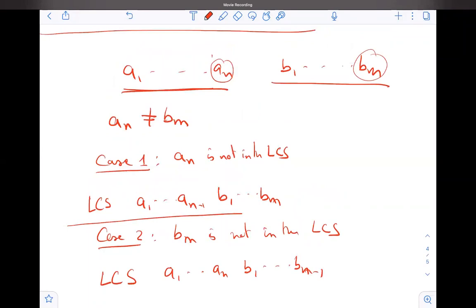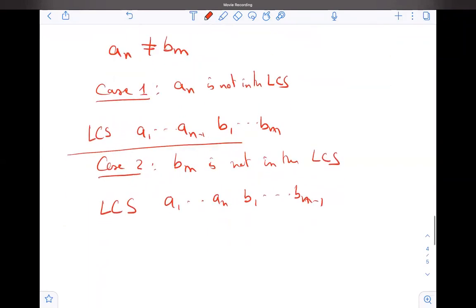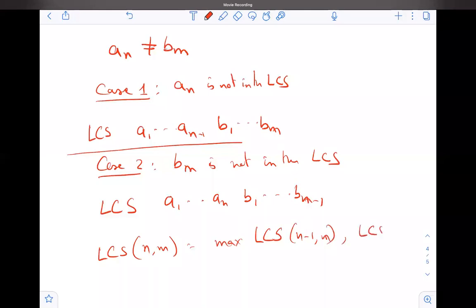So LCS of n comma m is the max of LCS of n minus 1 comma m and LCS of n comma m minus 1. That's it.